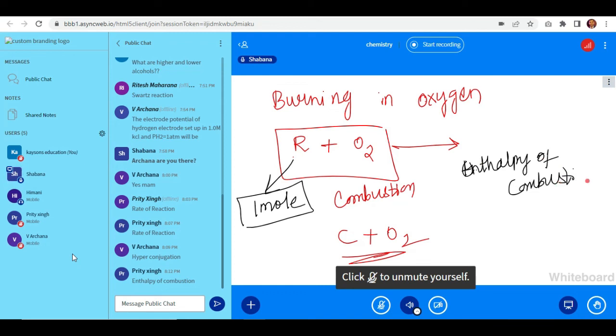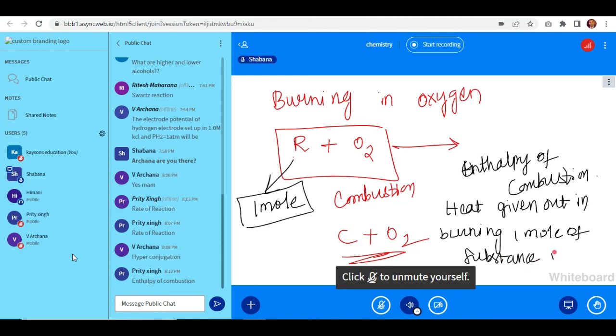Understand what is enthalpy of combustion? It is defined as heat given out in burning 1 mole of substance in oxygen. Clear? Yes, ma'am. Clear hai.